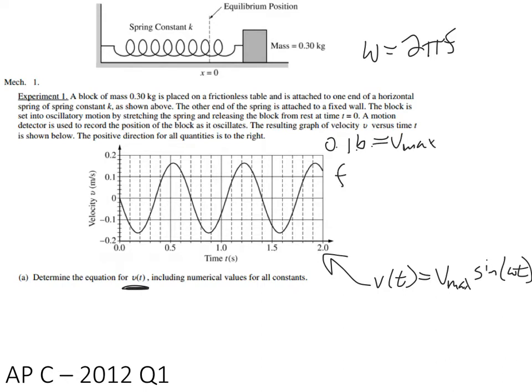My frequency is cycles over seconds. I get one full cycle there, and that's at 0.5, 0.6, 0.7. So one cycle in 0.7 seconds.